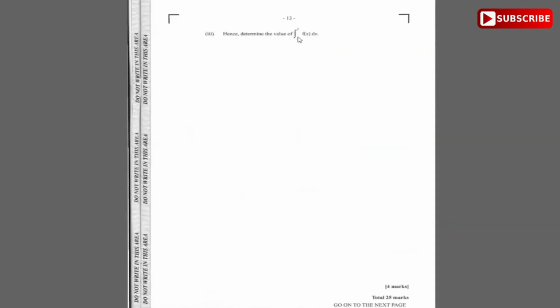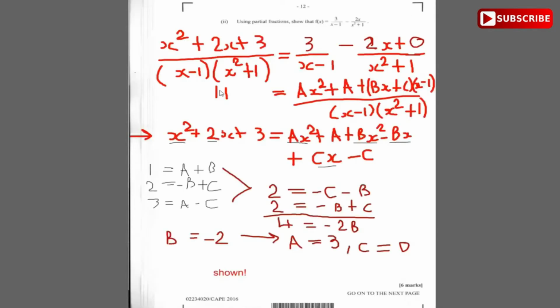It says, hence, evaluate the integral from 2 to 5 of f of x. Since it says hence, instead of using this, we're going to use this.